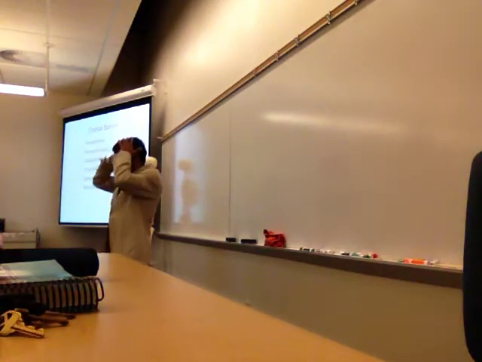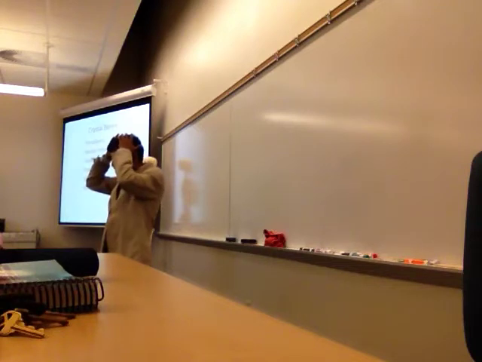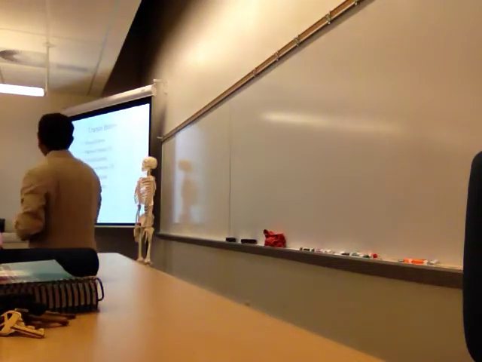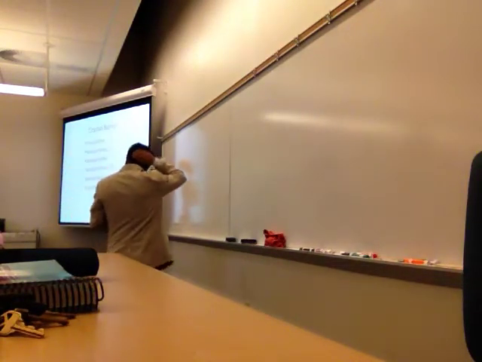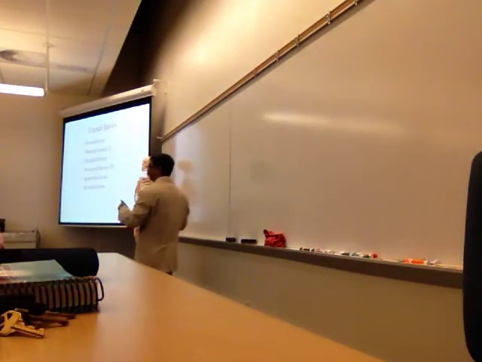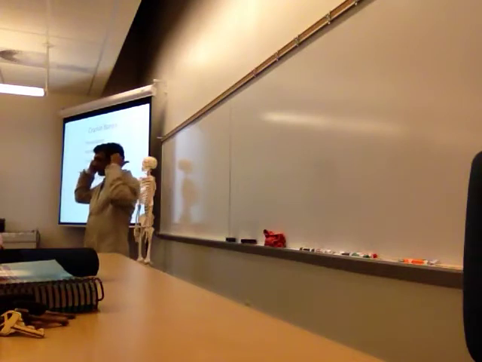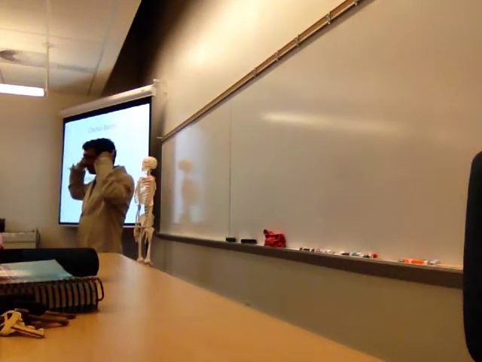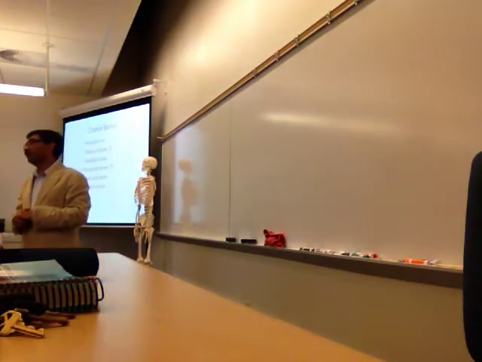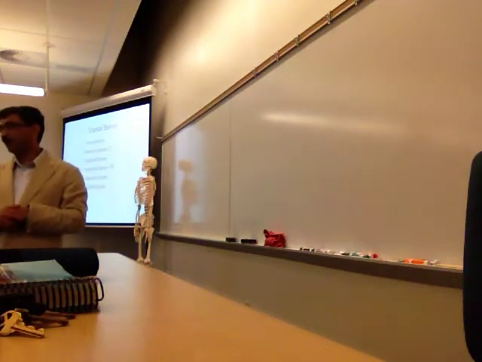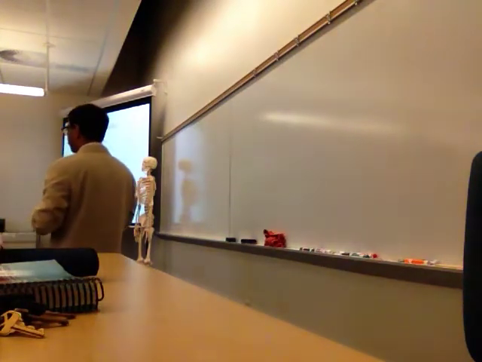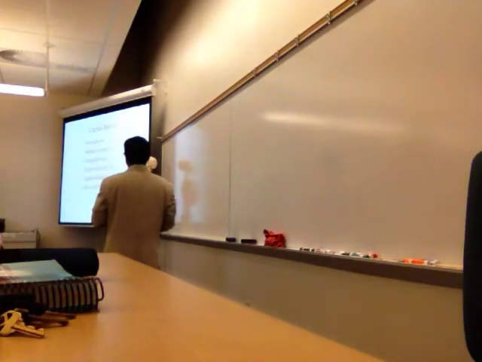And at both sides of the skull, we have parietal bones, so 2 parietal bones. Then in the back, you have the occipital bone, one occipital bone. Then below the parietal bones, around the ear, you have the temporal bones. So you have 2 temporal bones close to the ear.